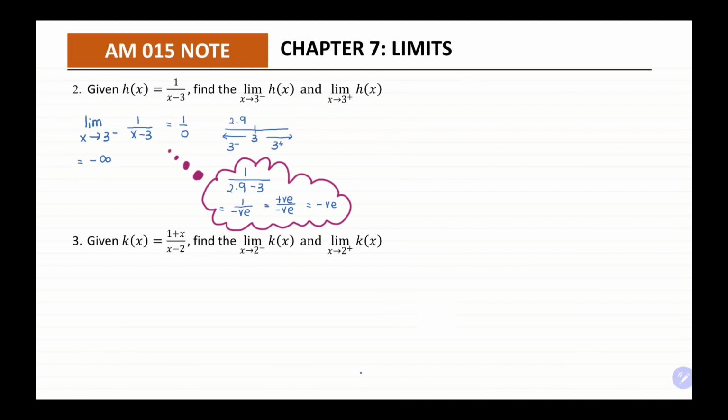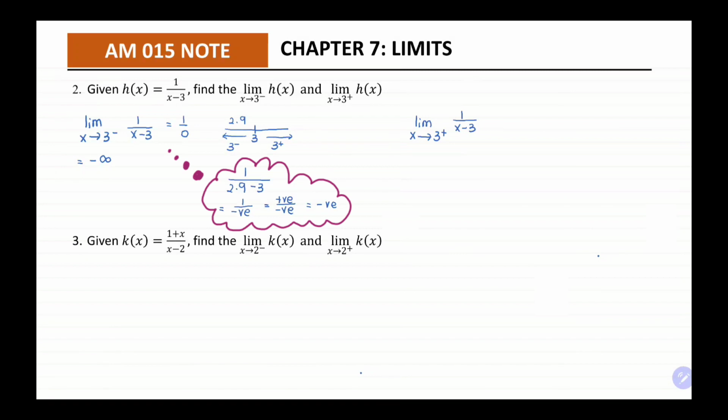Just give the answer directly. Okay, we find the limit as x approaches 3 from the right, h(x) same 1 over x minus 3. If I substitute 3 into the function, still get 1 over 0. 1 over 0 is undefined, cannot be solved. So we choose a number that is close to 3 but more than 3.